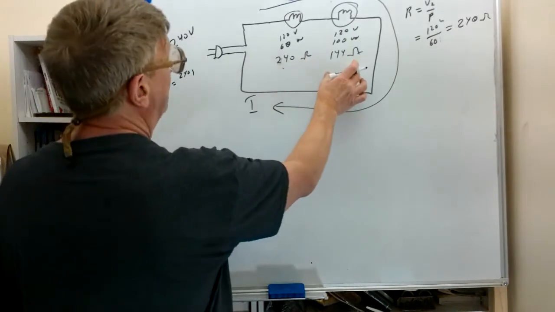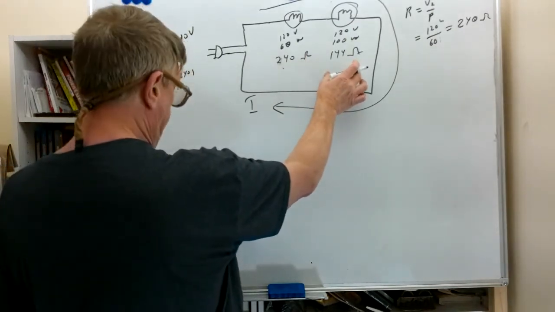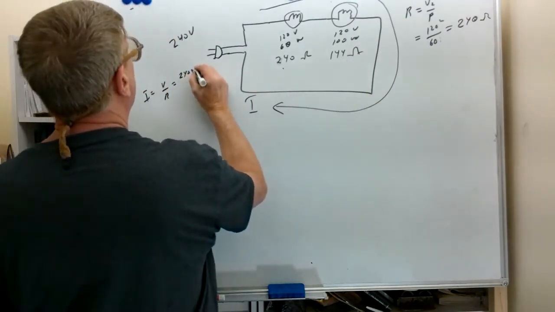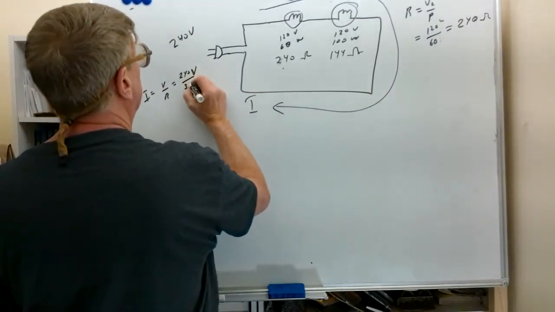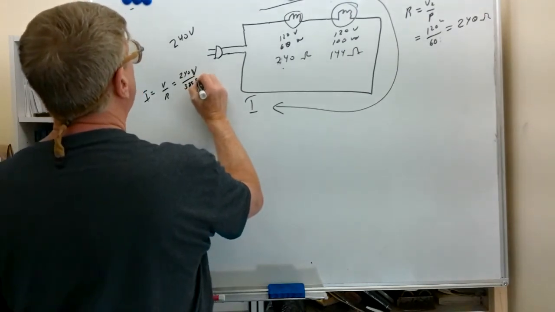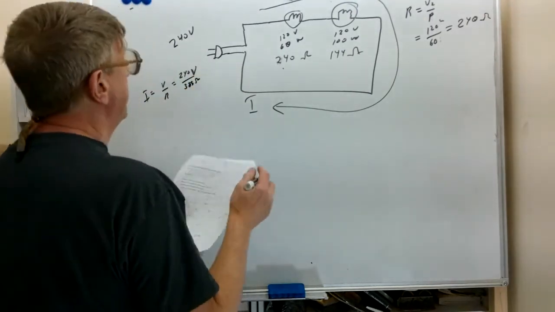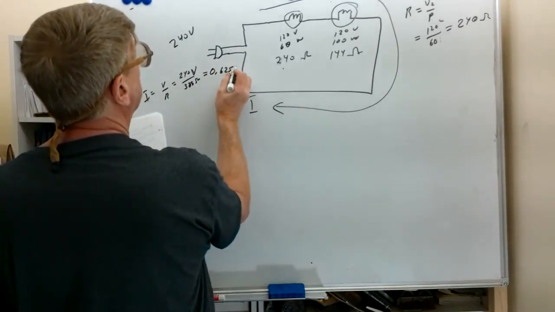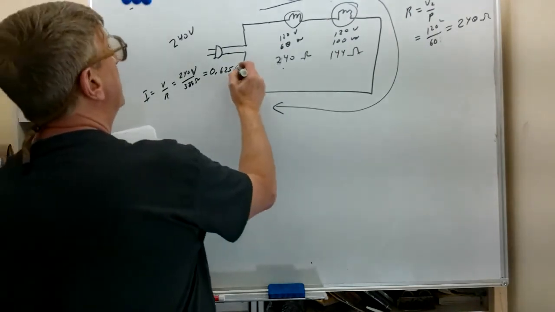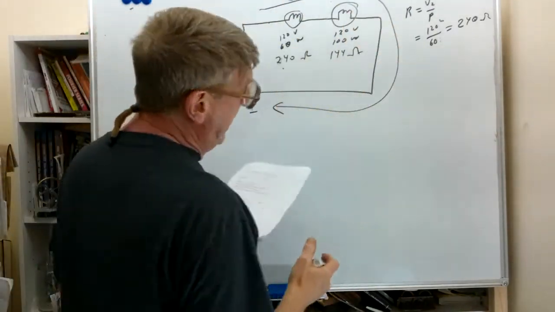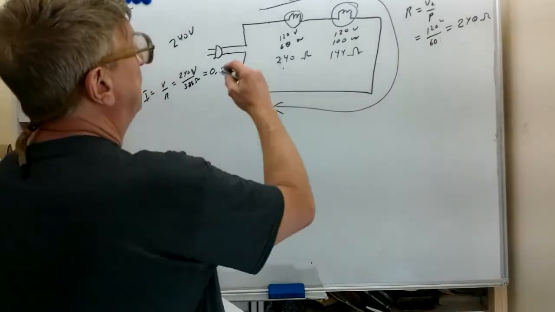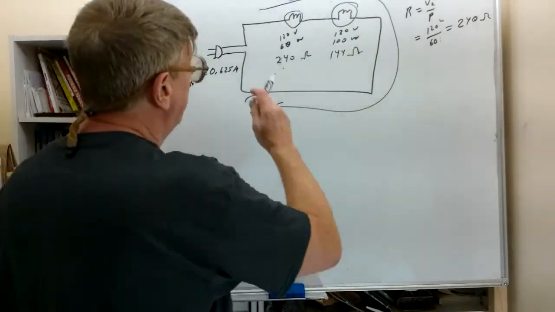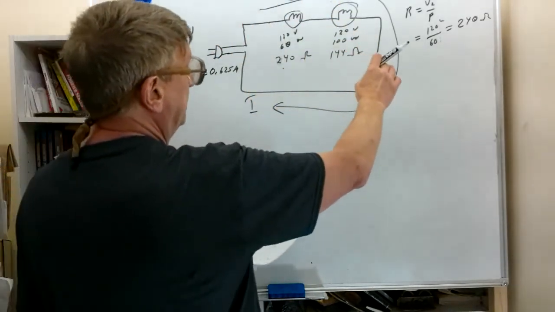The 240 and 144 adds up to 384. 240 volts over 384 ohms. When we calculate that out, we end up with 0.625 amps. So we're going to have 0.625 amps flowing through each of these light bulbs.